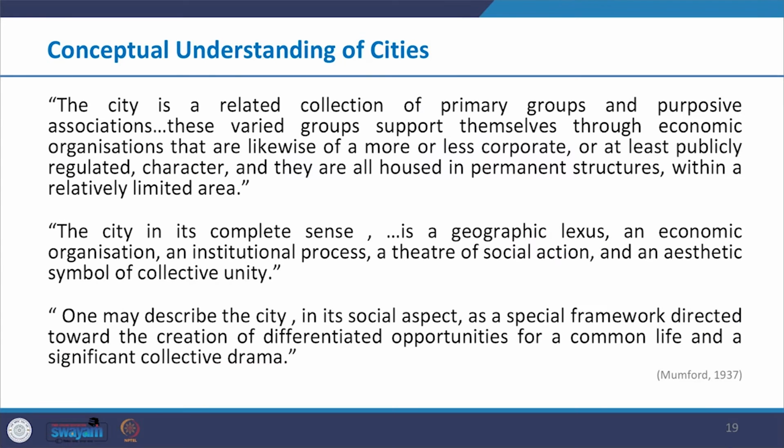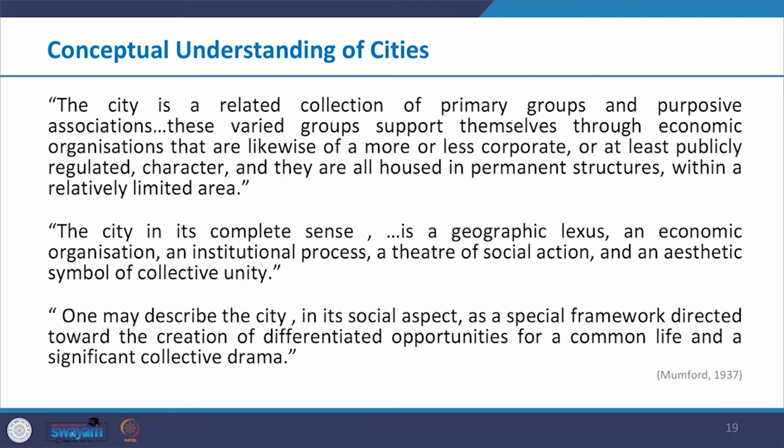Now we'll look at other definitions, especially those given by Lewis Mumford in the Architectural Record. He has described cities as, the first one we see, the city is a related collection of primary groups and purposive associations. These varied groups support themselves through economic organizations. They are likewise of a more or less corporate or at least publicly regulated character, and they are all housed in permanent structures within a relatively limited area.